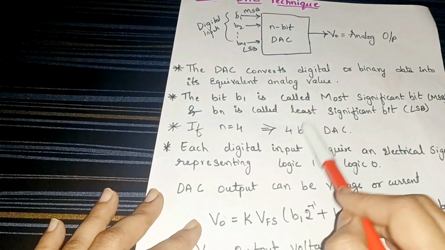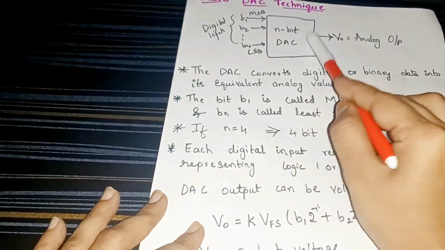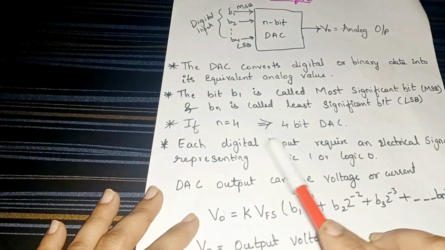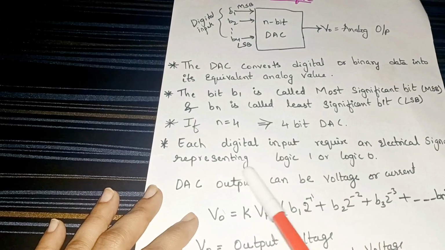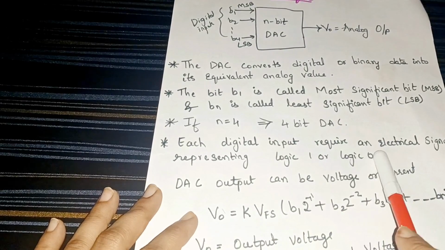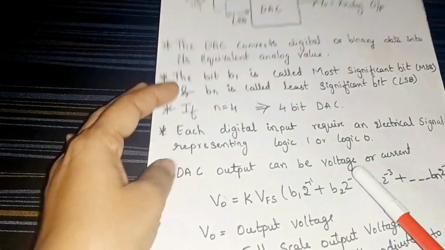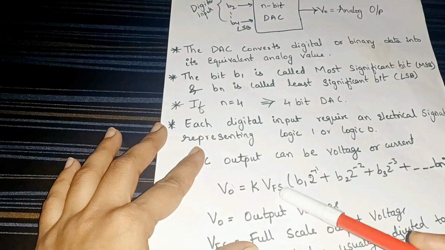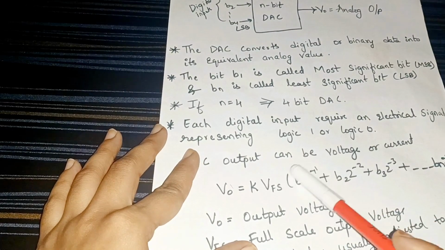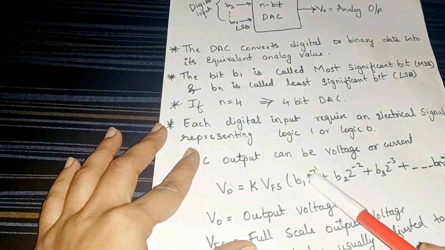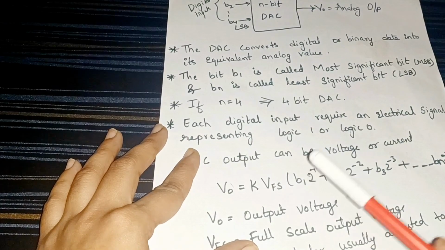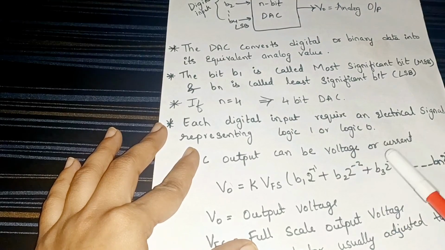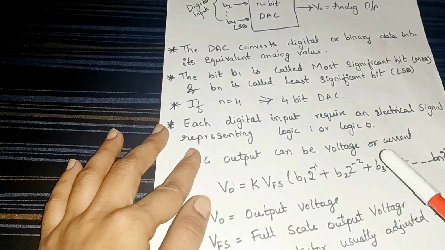If n is equal to 4, for example, I am taking only 4 bits, then we have a 4 bit DAC. Each digital input requires an electrical signal representing logic 1 and logic 0. So the output can be written as V0 equals K times VFS times B1 times 2 raised to power minus 1, plus B2 times 2 raised to power minus 2, and so on.